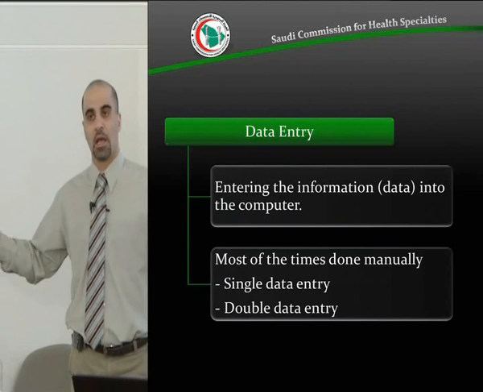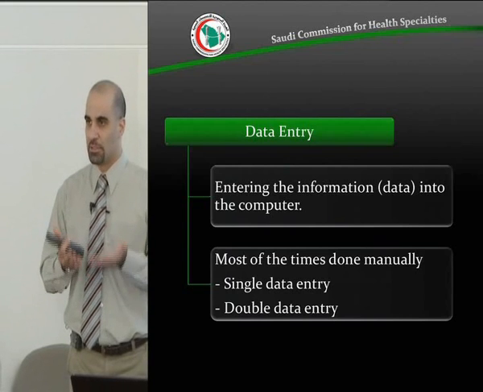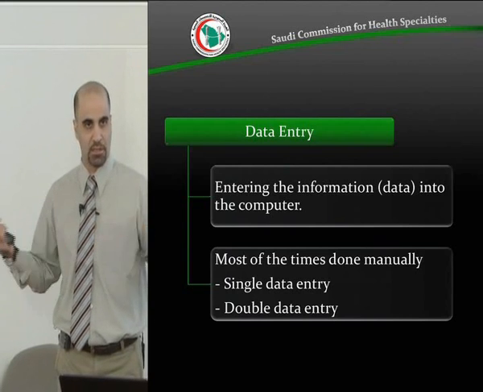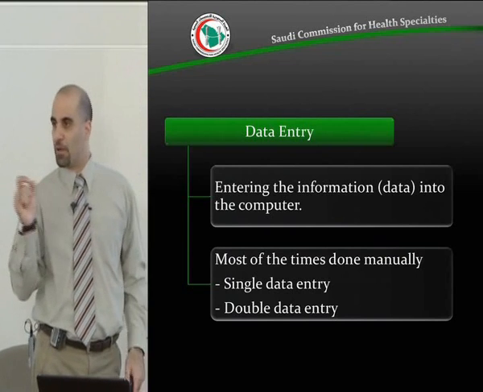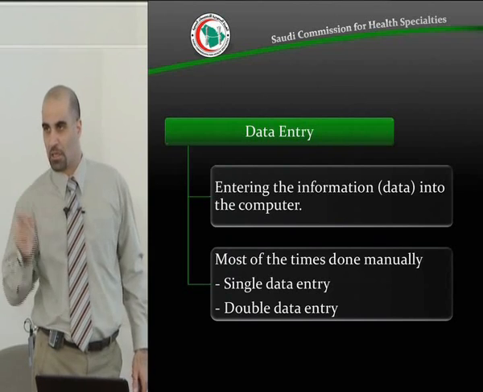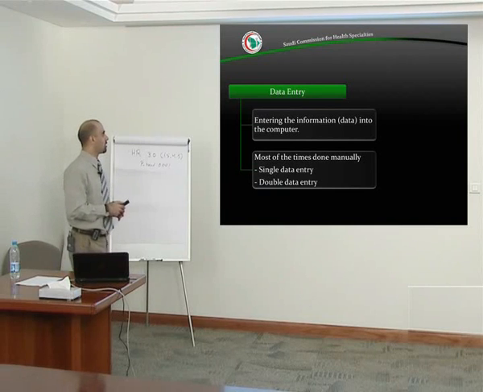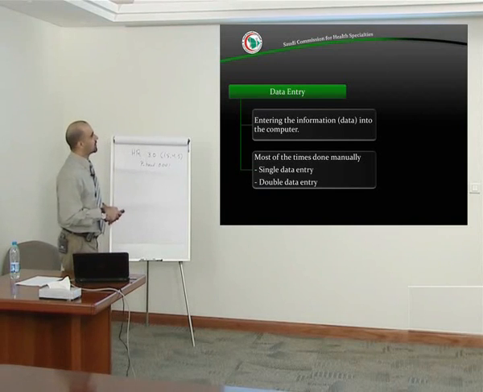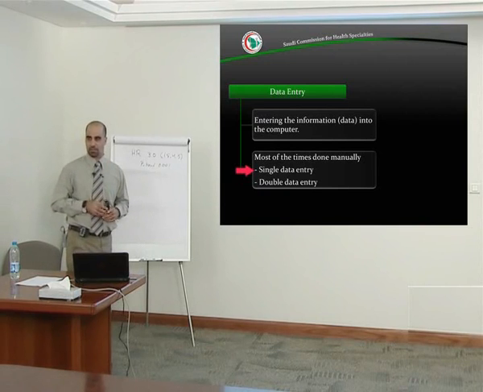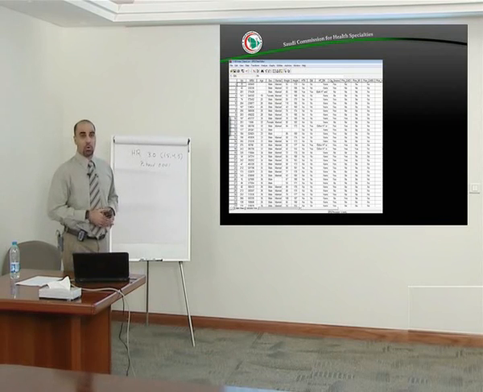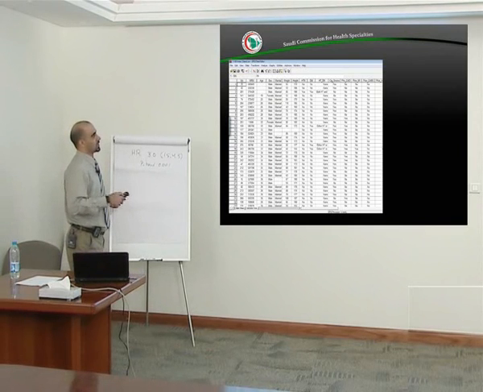So eventually, I'll compare the data that was entered in these 2 databases. So I can identify any small mistake that was made. So this is for verification of the quality of the data, but 95% of data entry is done through single data entry. Once I enter the data, this is how it looks.